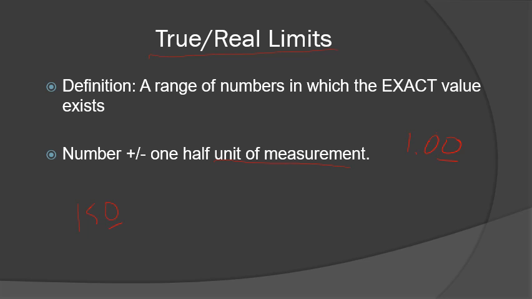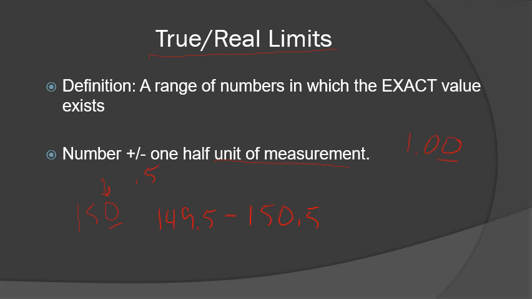So you take our unit of measurement, in this case over here the ones, and then you'd add and subtract 1/2 of that unit. So the ones unit, 1/2 of it is 0.5. So we're going to add and subtract 0.5 to it. So we've got 149.5 and 150.5. We subtracted 0.5 from 150.